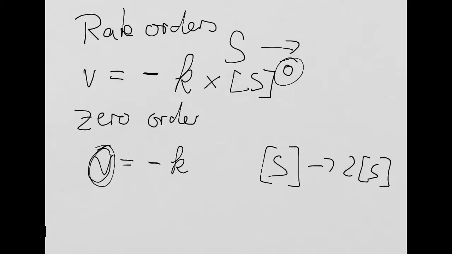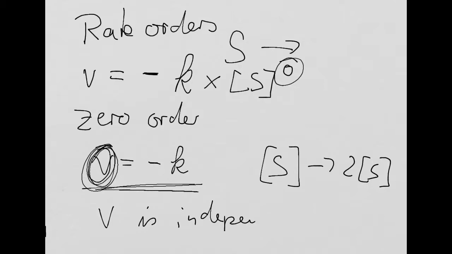No, because the rate, this guy here, is completely independent of S. And if I increase S by a factor of 1,000, still nothing would happen, because for a 0 order reaction it's just simply a constant. So in this case, the rate is independent of S. Doesn't matter how big S is.